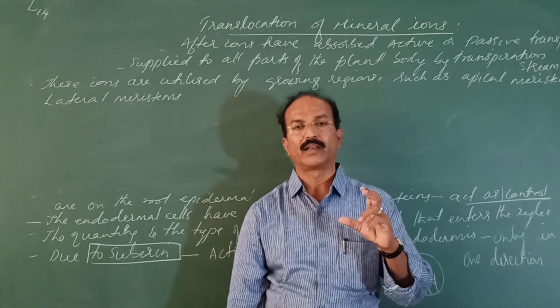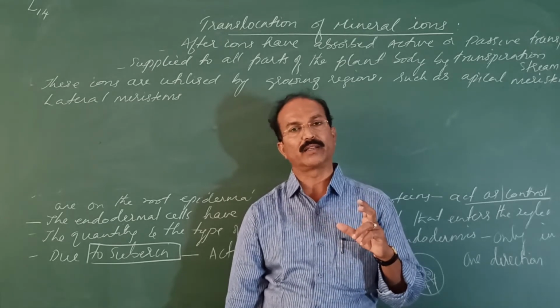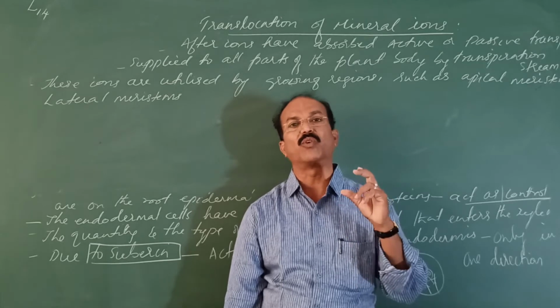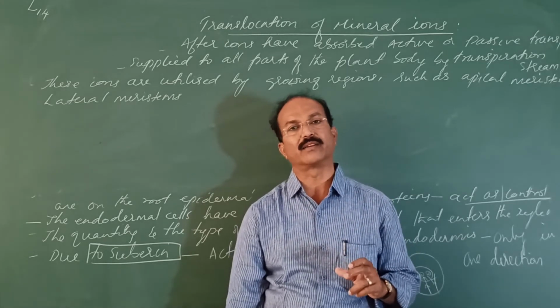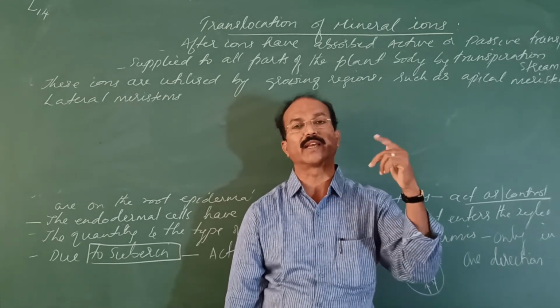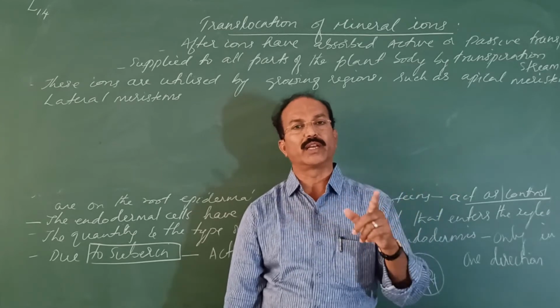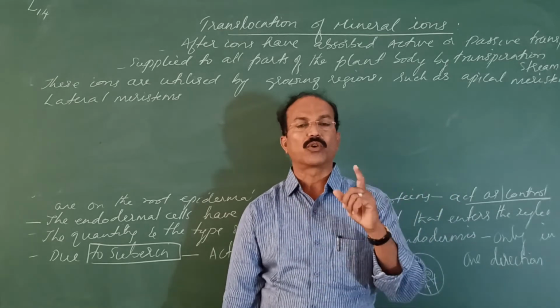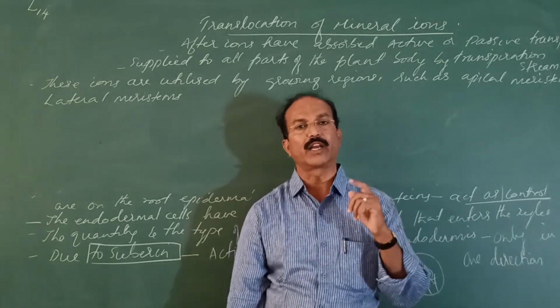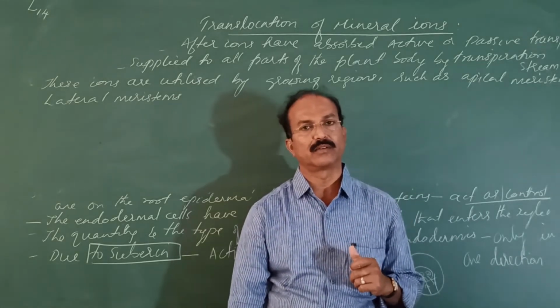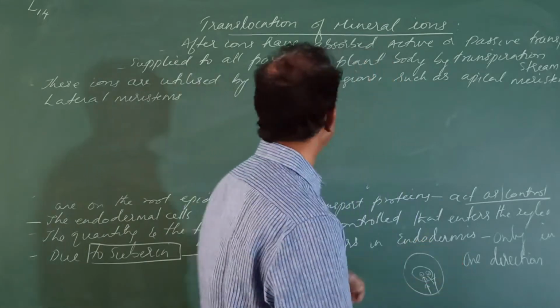Much energy is required, which is why meristems contain more mitochondria than other cells, because much energy is required for cell division. They also utilize more food and nutrients, and ions are required by these apexes or growing regions.